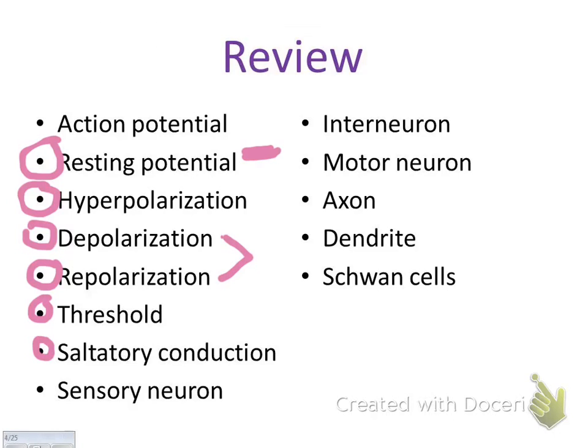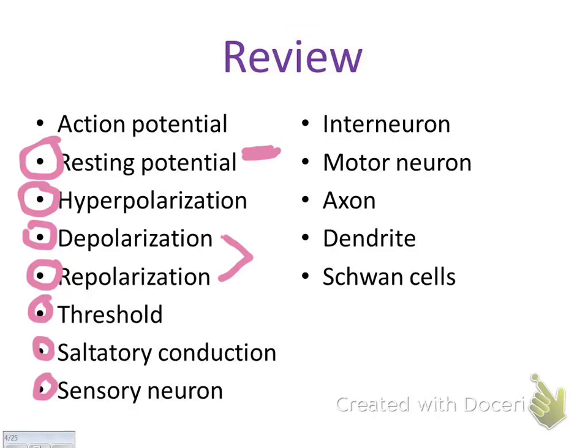Okay, excitatory conduction. The impulse jumping down the nodes of Ranvier, right? Okay, sensory neuron. Yeah, that's the neuron that receives. Listen to the way I word that so you can get it right. The sensory neuron is the neuron that receives the signal, whether it be a signal of touch or sight or hear or taste or blink or muscle contraction, right?